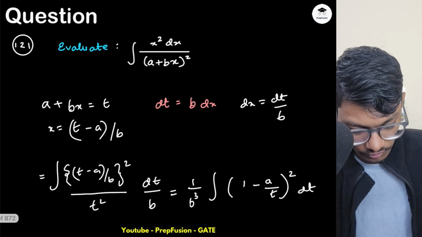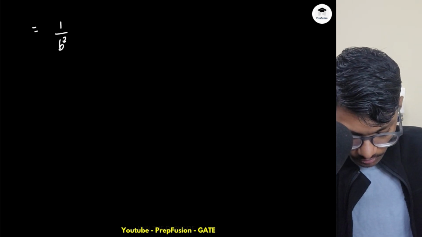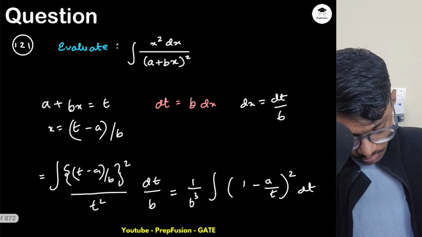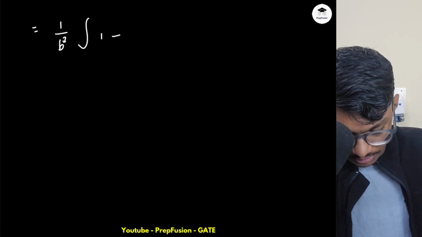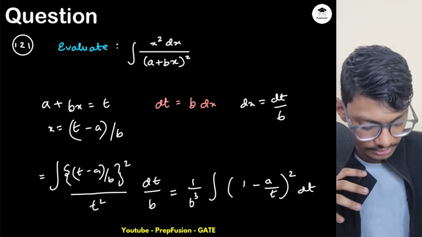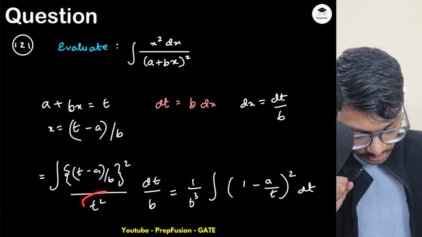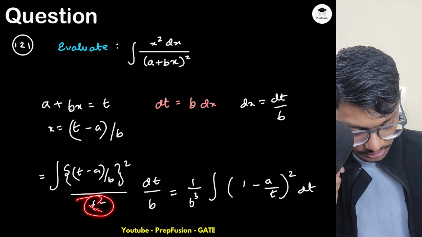So you can square this out. So this one will be 1 by b cube, 1 minus a by t whole square. Try to write as elegantly as possible, try to write as few things as possible. Here what did I do? I just took this t square inside this bracket.